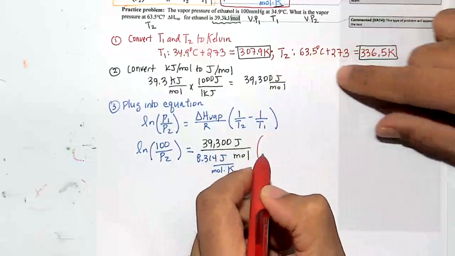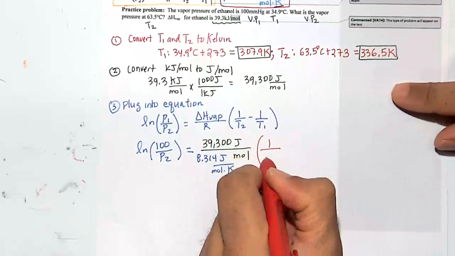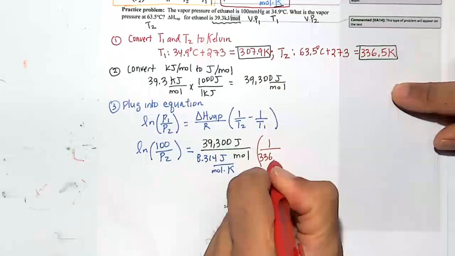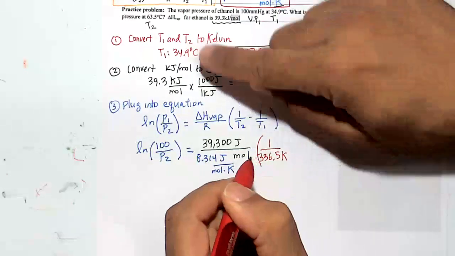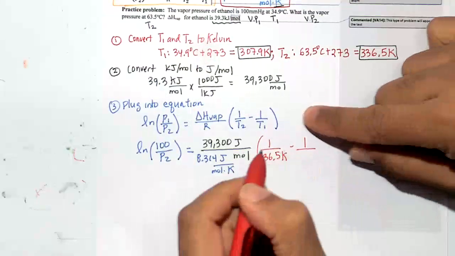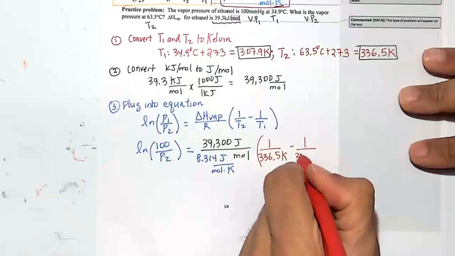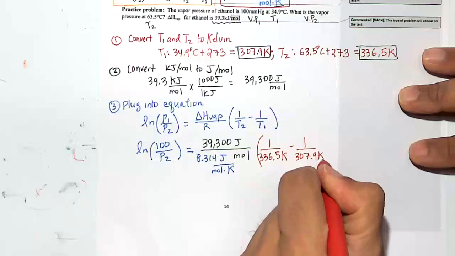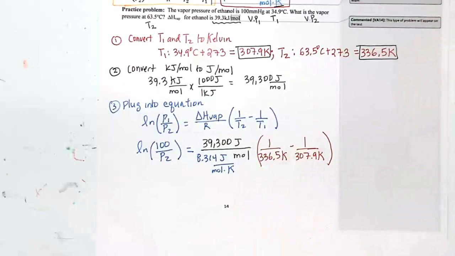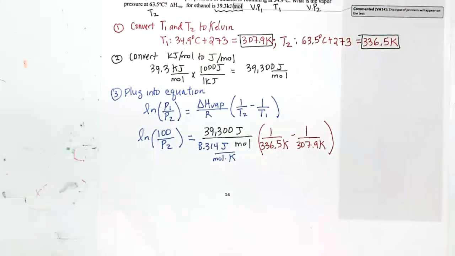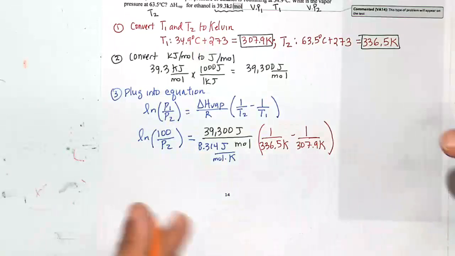Times, what's 1 over T2? 1 over 336.5 Kelvin, minus 1 over T1, which is 307.9 Kelvin. Are you okay with putting this on the calculator and solving for P2? Let's do that now.